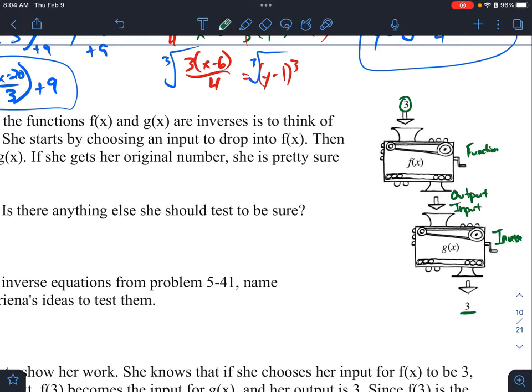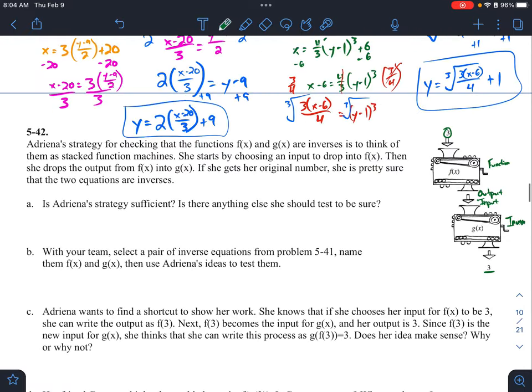And so the first one says, is Adriana's strategy sufficient? Okay? She really should check both ways, or in both directions. So then run it in reverse as well. It says, with your team, select a pair of inverse equations from problem 5-41, then name them f of x and g of x, then use Adriana's ideas to test them.